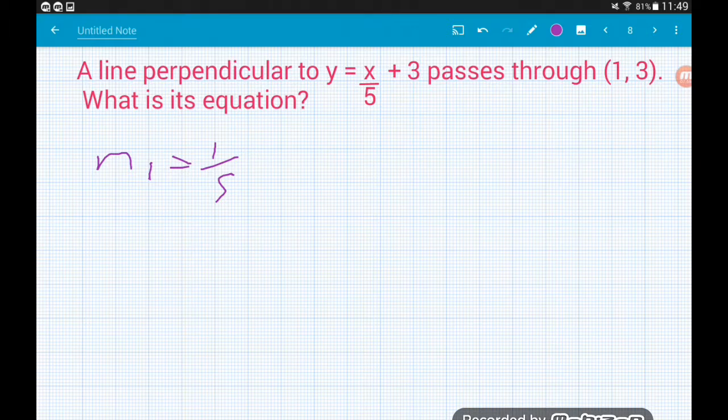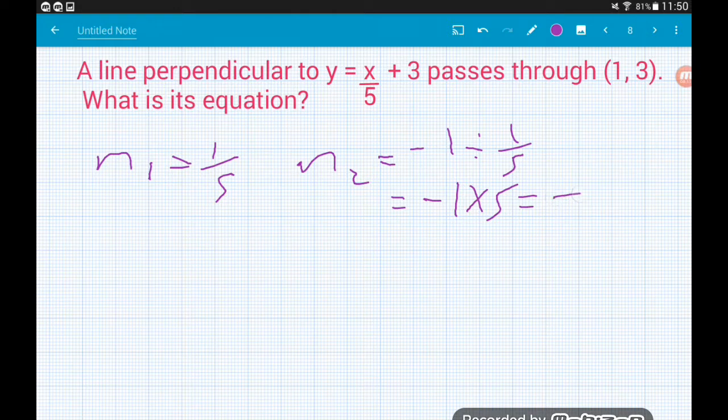So m2, our perpendicular gradient, is minus 1 divided by 1/5, which is the same as minus 1 times 5, which gives us minus 5. So the gradient of our perpendicular line is minus 5.